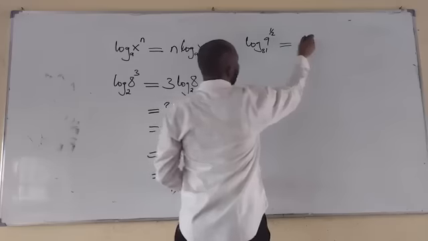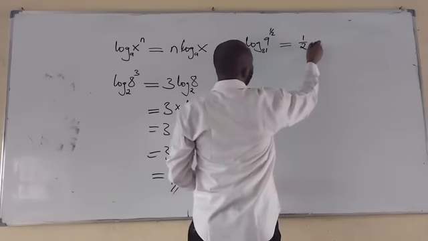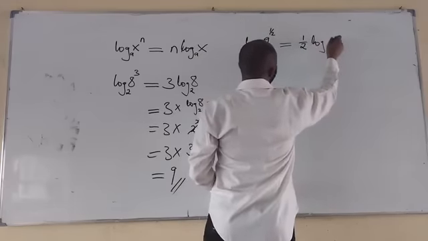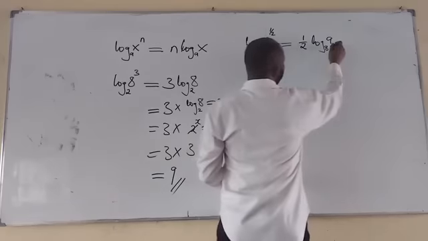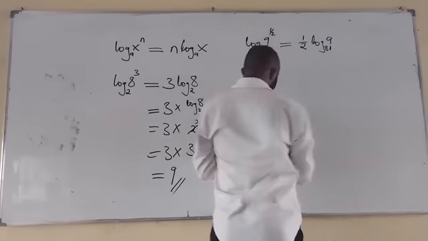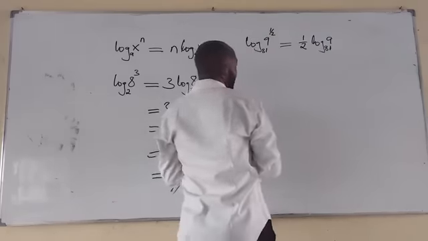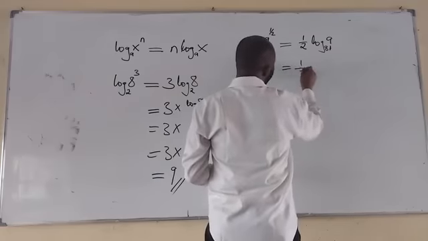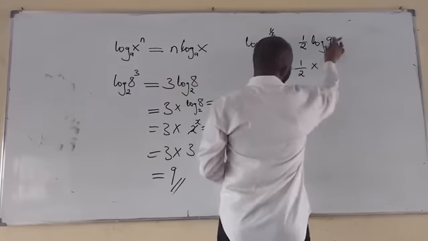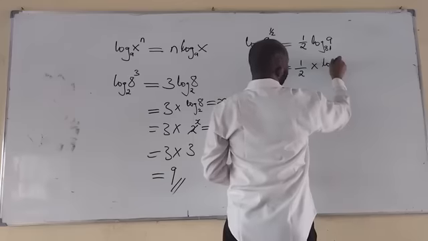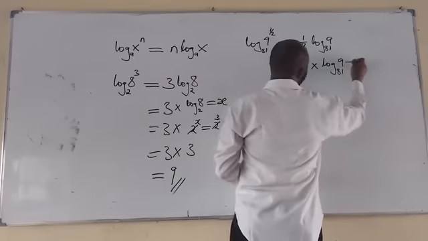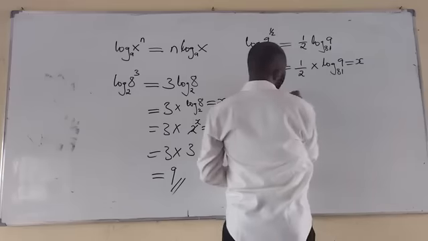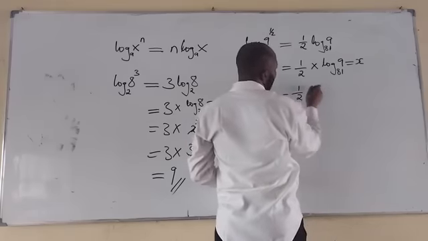So this becomes 1 over 2 multiplied with the log of 9 base 81. If that is that, this is equal to 1 over 2 times, this is the same thing as log of 9 base 81 is equal to x.